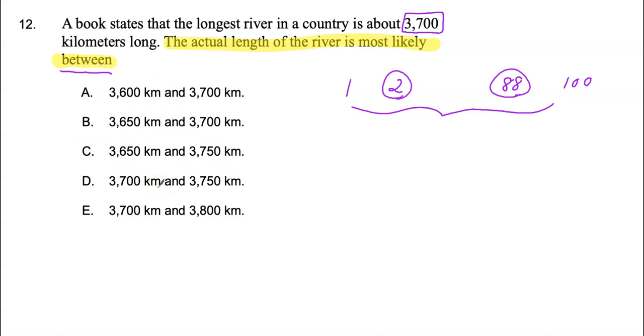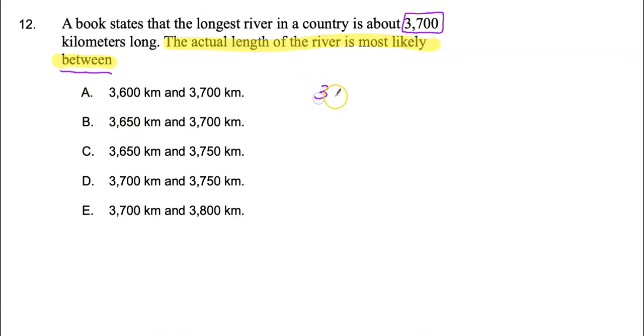I can see some that I can eliminate right off the bat. Remember, between, think of when someone says, what's between 1 and 100? Think that in your mind. With that in mind, what do you think we can get rid of? Well, let's see. If I said, let's look at A, pick a number between 3,600 and 3,700, from here, it couldn't include this number. 3,700 can't be between itself.